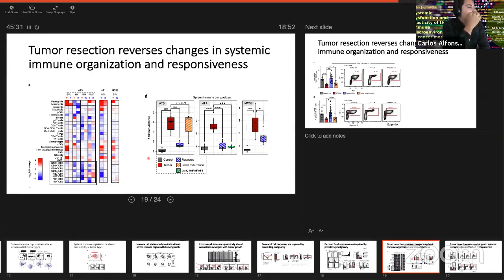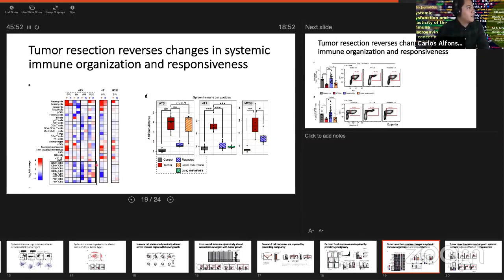So one experiment that they did is to surgically remove these tumors and then classify these mice into those that start behaving more similar to wild type, that show a healthier behavior, and run the same experiments with these mice after the tumor was removed.